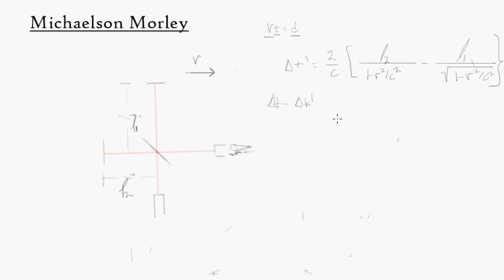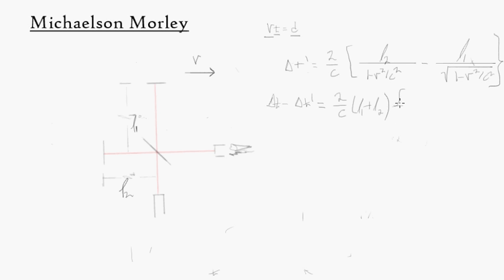Now, again, brevity. So what does this mean? 2 divided by c. When you end up doing this, and you can do it by hand if you don't trust me, you're going to be able to factor out L1 plus L2, which is very convenient.